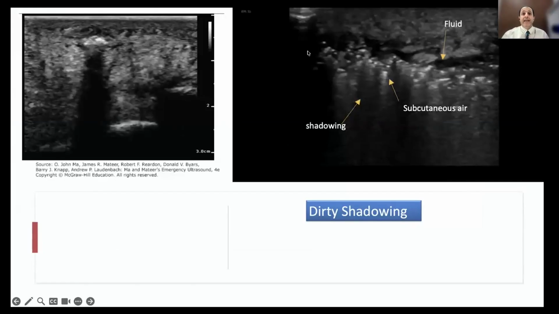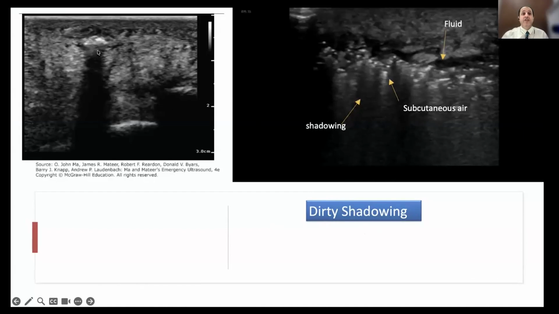Another finding in necrotizing fasciitis is dirty shadowing. We can have some air in the subcutaneous layer with shadowing, but the shadow is dirty. What is the difference between dirty shadowing and normal shadowing? Here there is a calcification, which also has a shadow, and here the air also has a shadow.